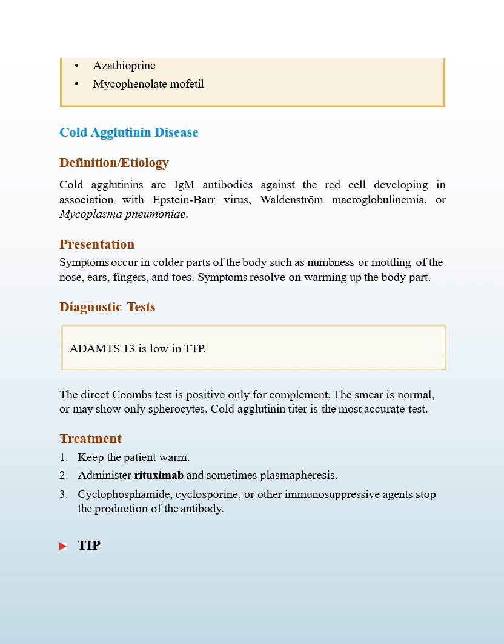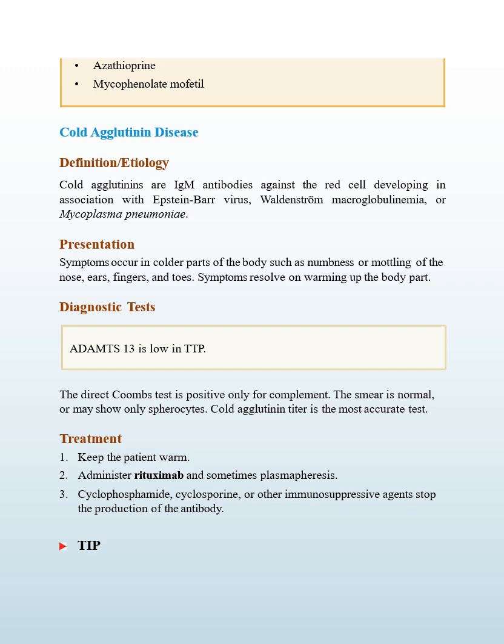The treatment is the following. 1, keep the patient warm. 2, administer rituximab or sometimes plasmapheresis. And 3, cyclophosphamide, cyclosporin, or other immunosuppressant agents, which are designed to stop the production of antibody.